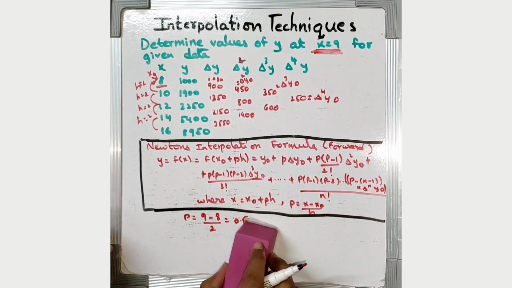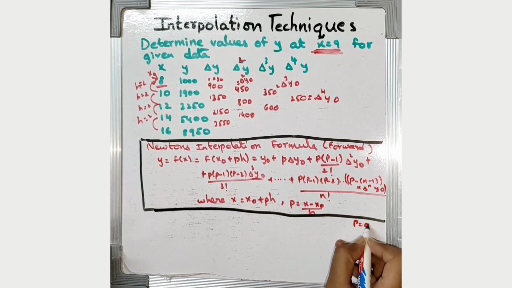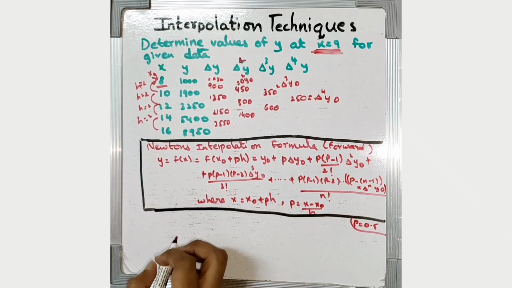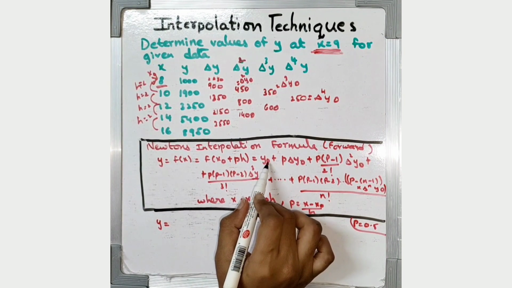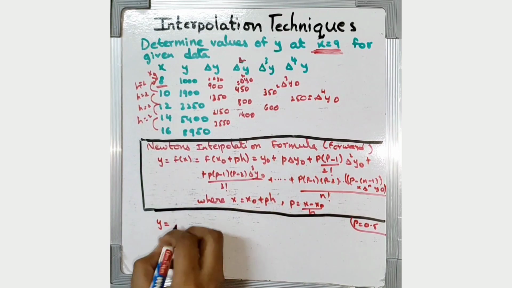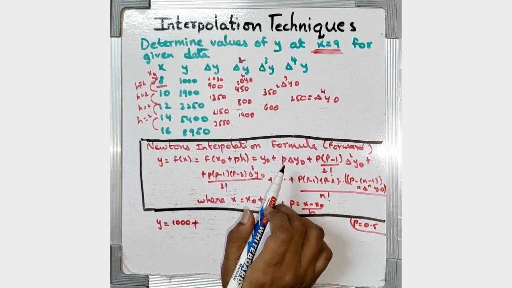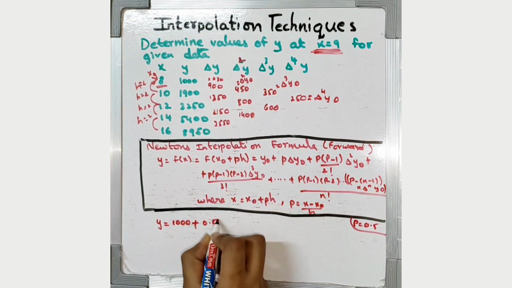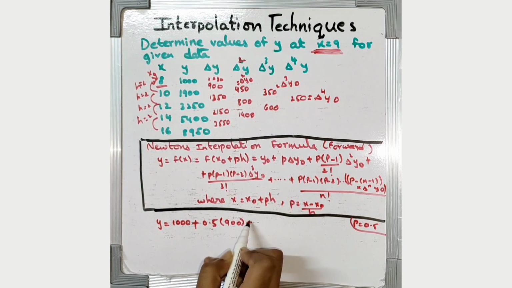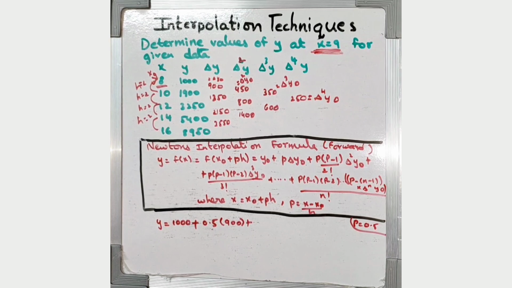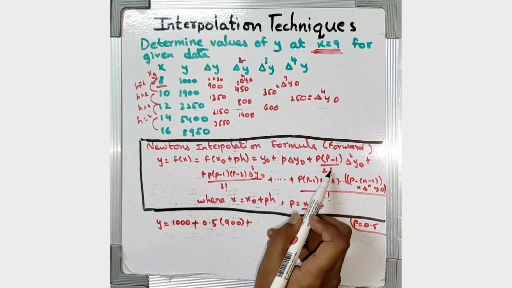Now substitute p in the whole equation. I hope you remember the p value, which is 0.5. I'll just write it here: p is 0.5. Now substitute in this equation: y equals f of x. Take y naught, which is 1000, plus p, which is 0.5, into delta y naught, which is 900, plus p into p minus 1 by 2 factorial.